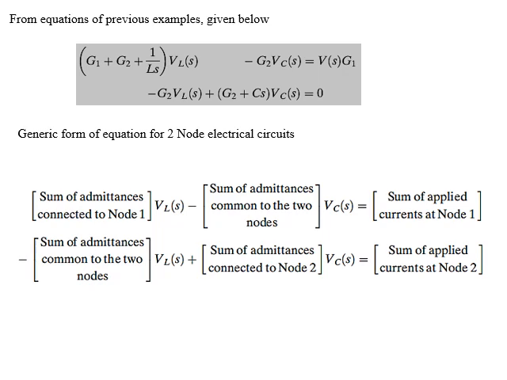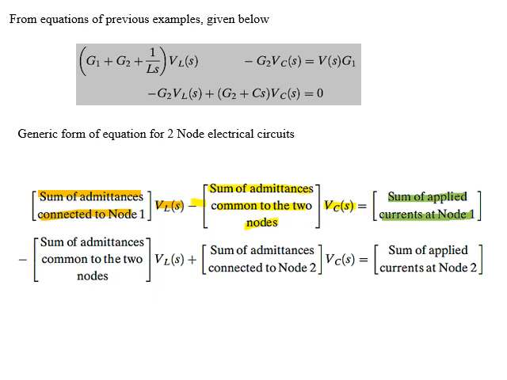Given the equations obtained from previous examples, if we observe these equations, we conclude that the equation of node 1 is formed by all the admittances connected directly to node 1 multiplied by the node 1 voltage, which is VL of s, minus the admittance which is common between node 1 and node 2 multiplied by the second node voltage, and this will be equal to the sum of applied current at node 1, which is V of s multiplied by G1 of s.